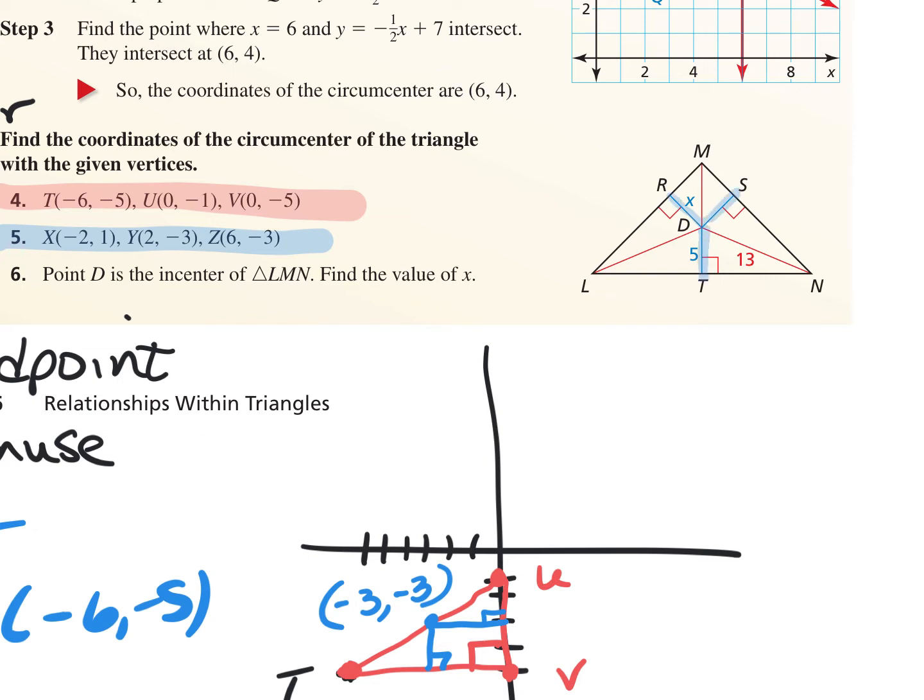So each one of these blue lines, RD, SD, and TD, are all equal, so the value of x is 5, because they're all congruent segments. These are not the perpendicular bisectors, they're the equidistant segments from the incenter.